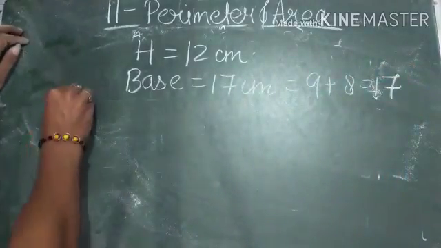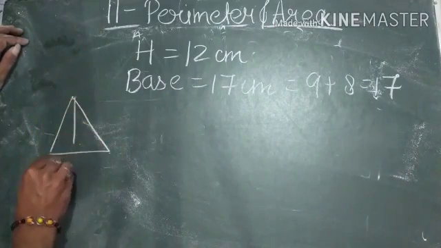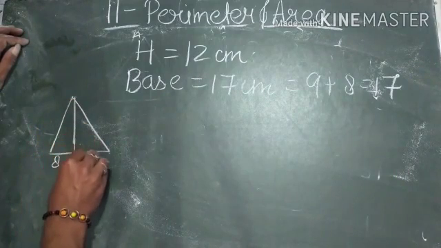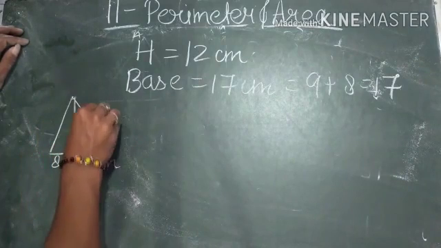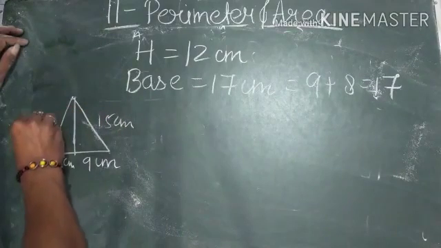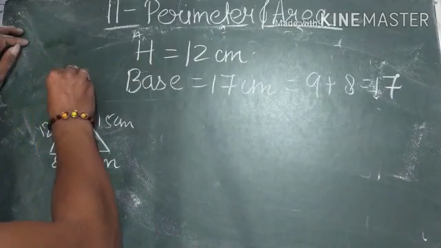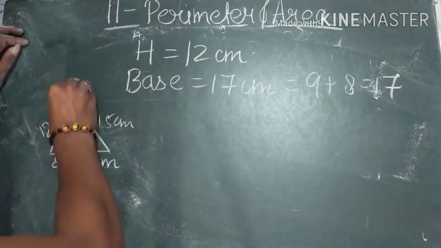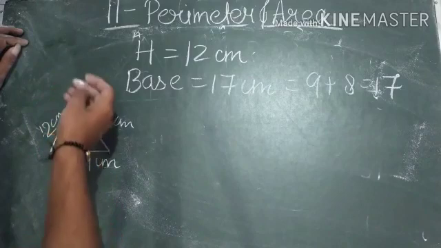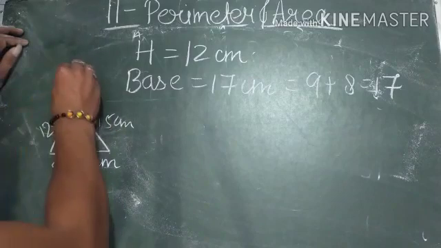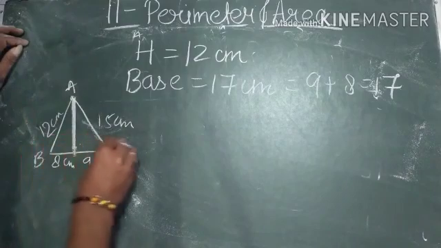We have a triangle that is divided into two parts, 8 centimeter and 9 centimeter. This one is 15 centimeter and this one is 12 centimeter. So A, B and C.